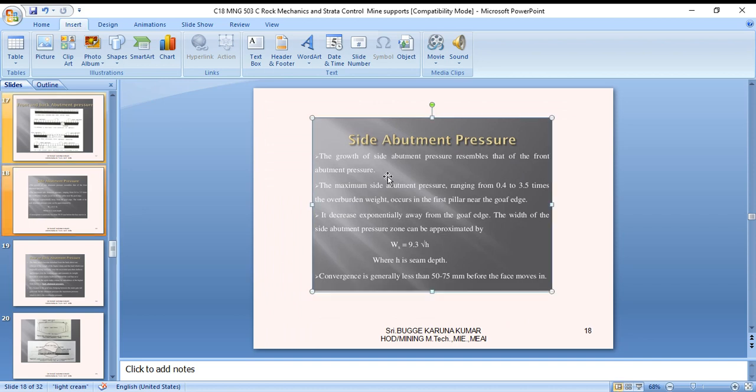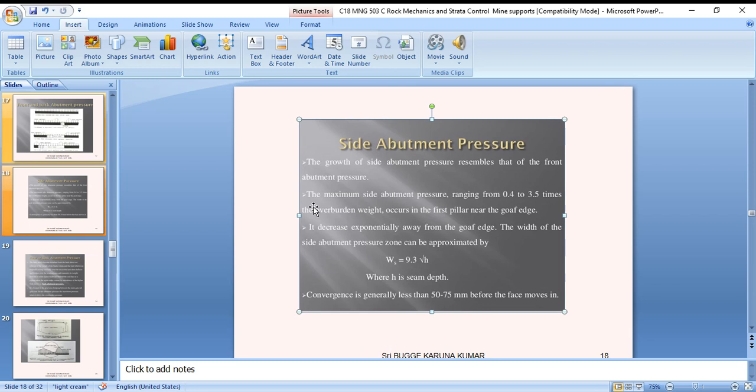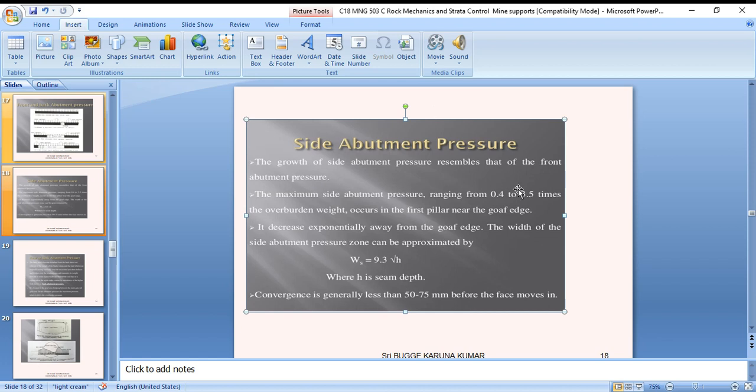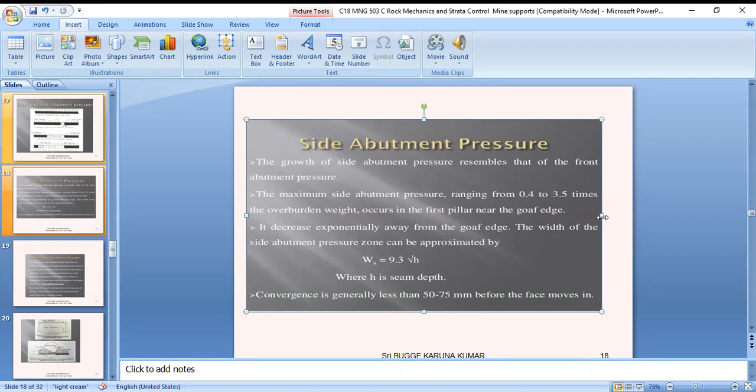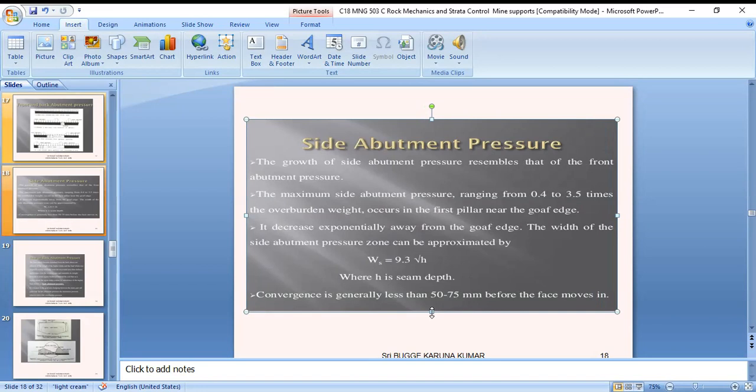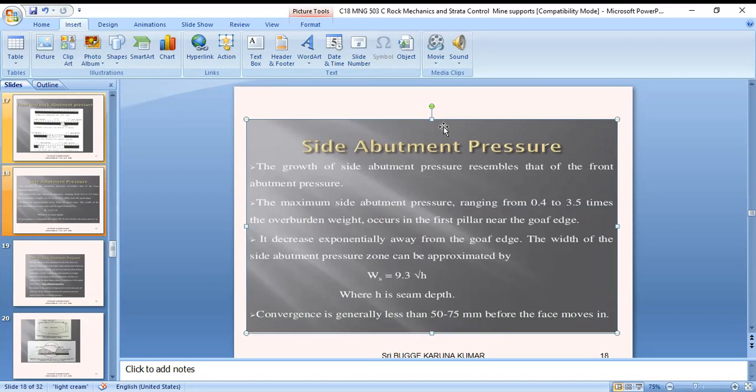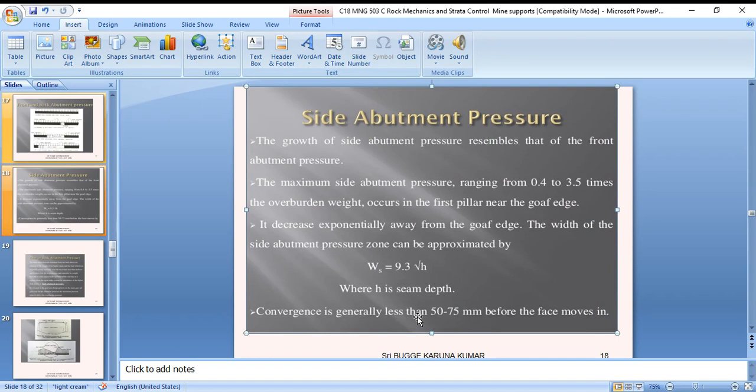Side abutment pressure. The growth of the side abutment pressure resembles that of the front abutment pressure.